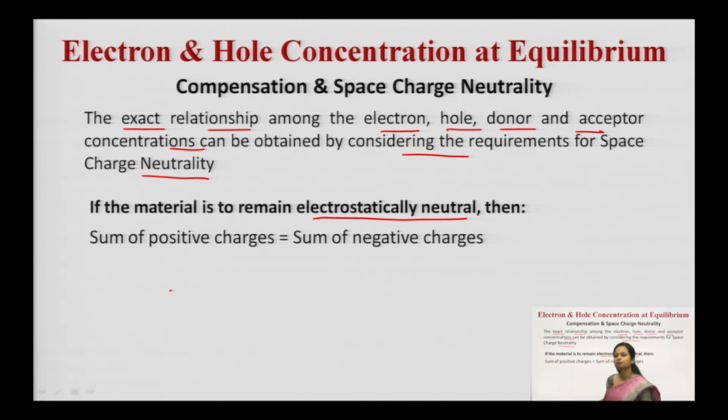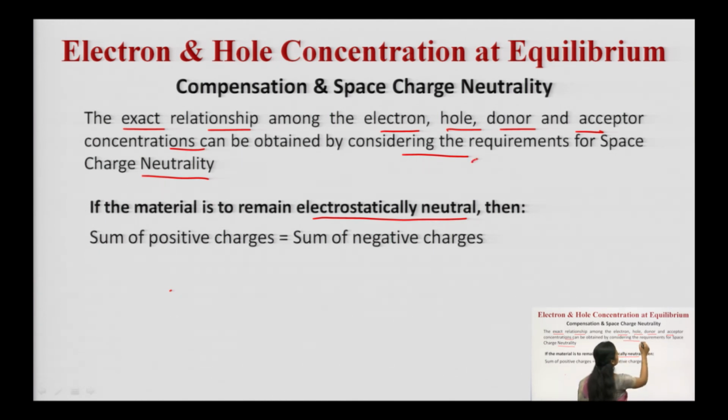And can you explain what are the positive charges, what are the negative charges over here? If you are talking about n-type semiconductor, recall whatever you have studied in the extrinsic semiconductors, what are the majority charge carriers.